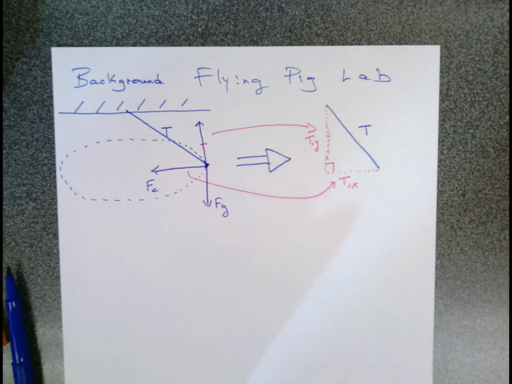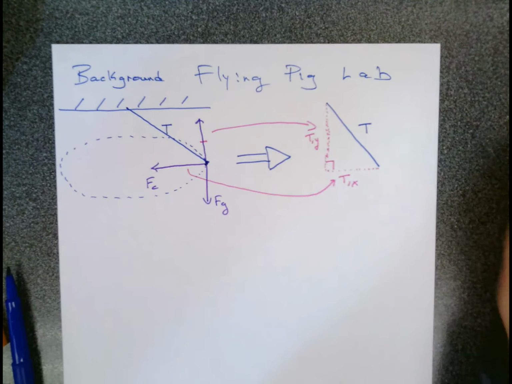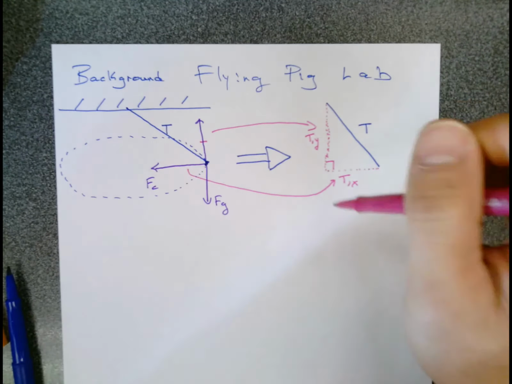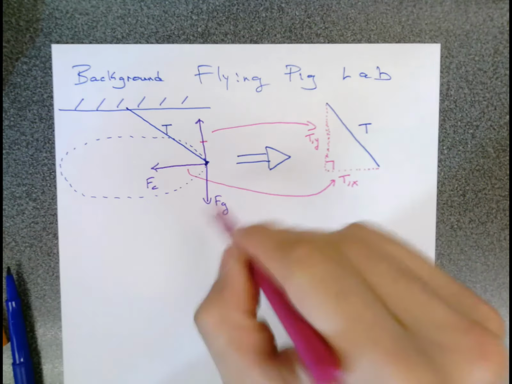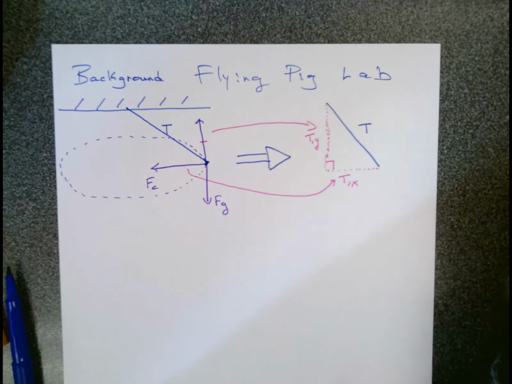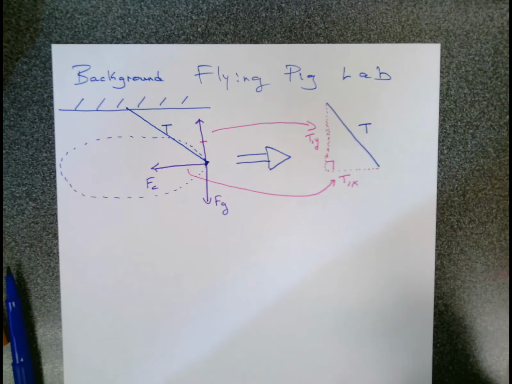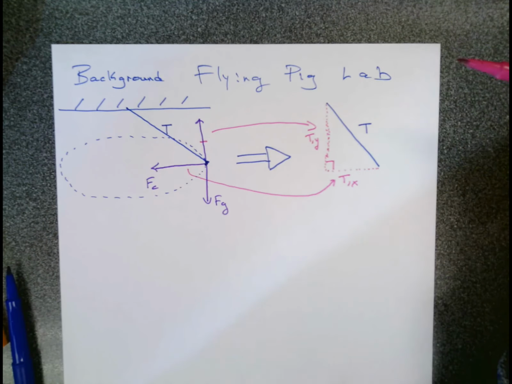So if we were to move on and try to break this down in terms of how we get an equation that'll give us the velocity, how are we going to find the velocity of this pig? Because that's one thing we can actually experimentally test as well.